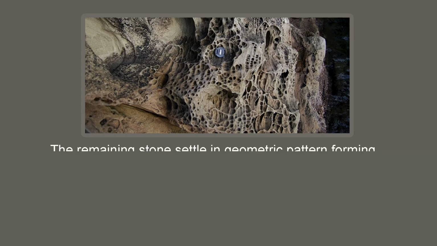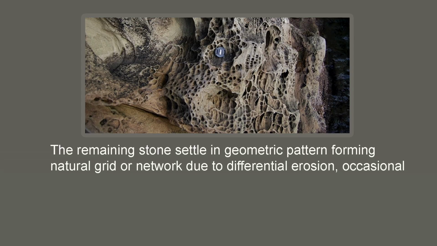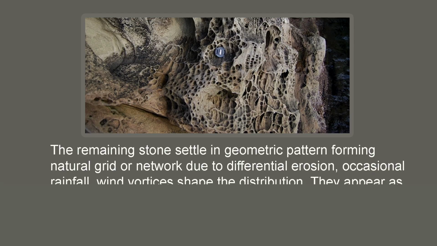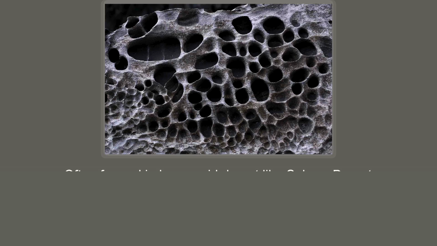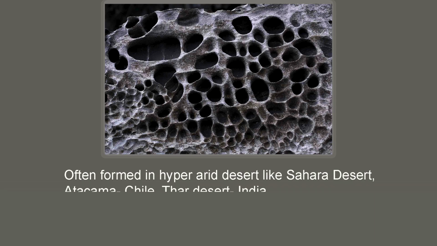The remaining stones settle in a geometric pattern, forming a natural grid or network, as differential erosion, occasional rainfall and wind vortices shape the distribution. They appear as interconnected stone patterns, often hexagonal or polygonal, often formed in hyper-arid deserts like the Sahara Desert, the Atacama Desert in Chile, and the Thar Desert in India.